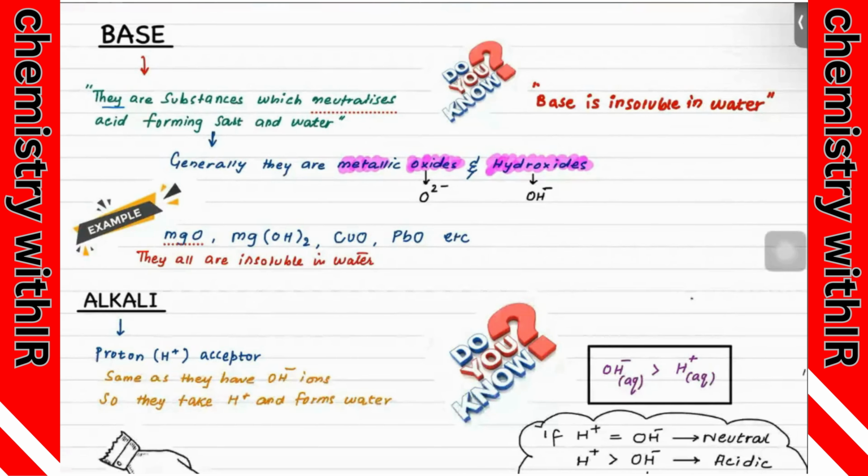Like I gave you an example when HCl was reacting with water. The water was accepting the proton. Since the water was accepting the proton, the water was a base. So water was acting as a base.